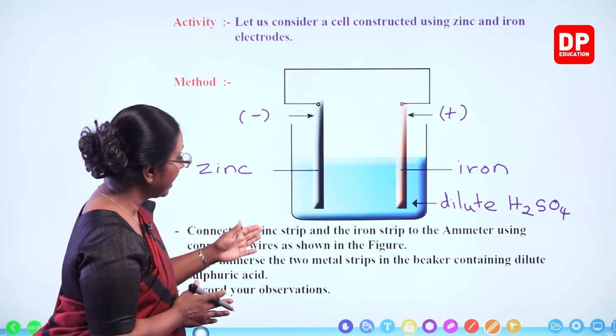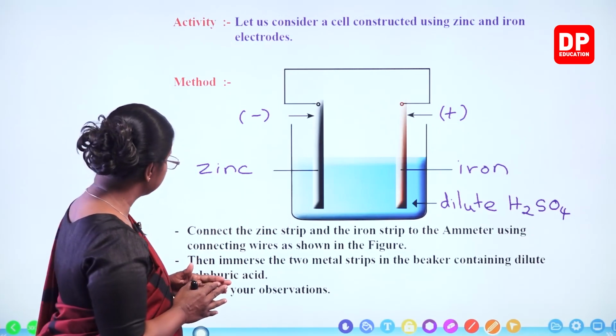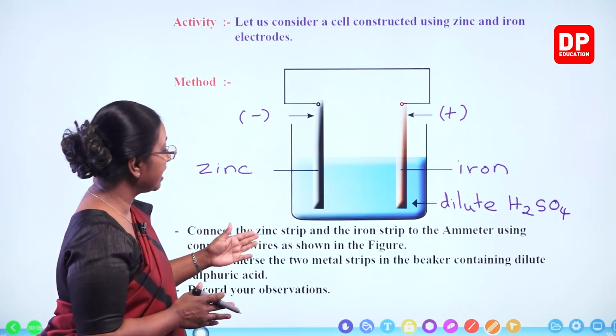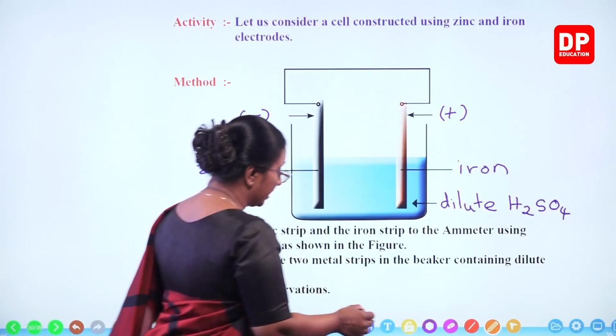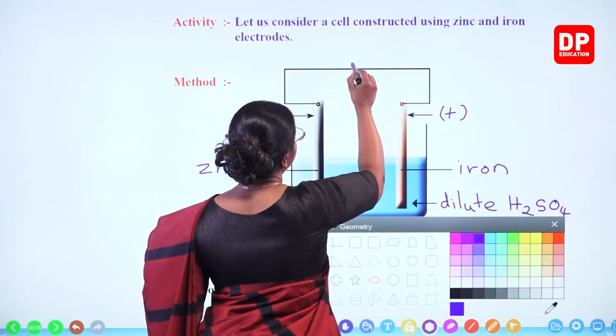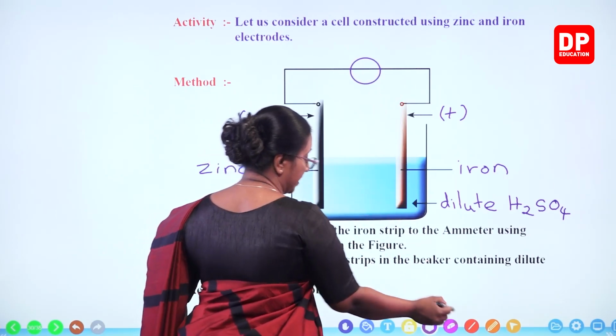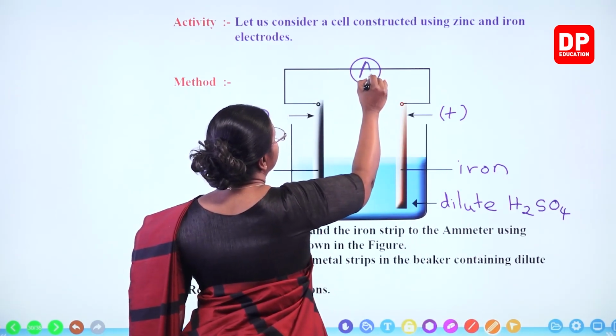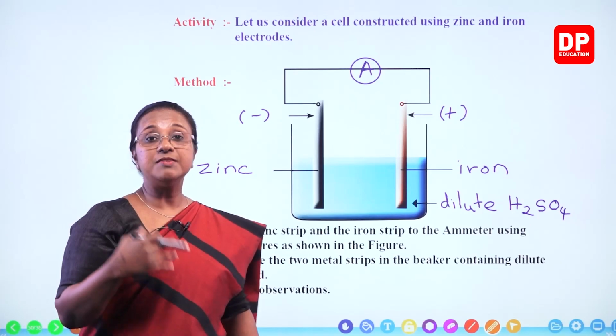Connect the zinc strip and the iron strip to the ammeter using connecting wires as shown in the figure. We will have an ammeter connected so that you can observe the current flow.